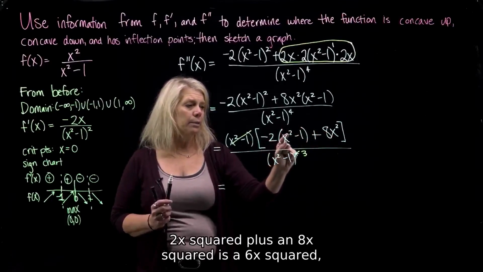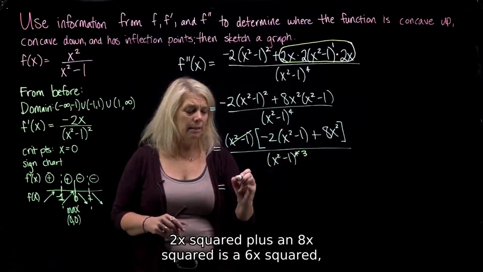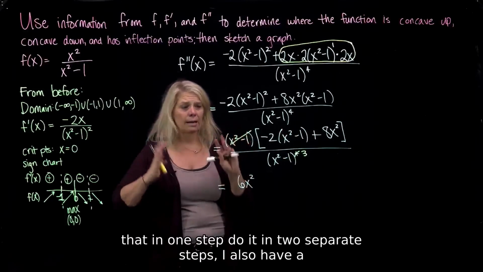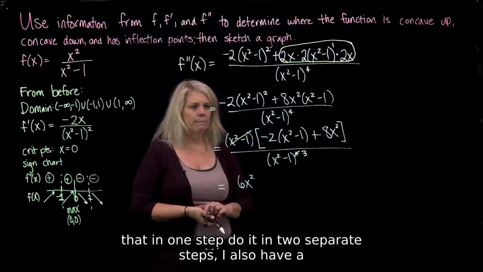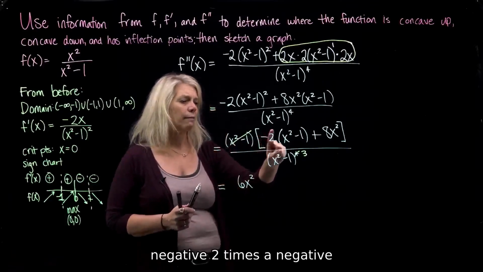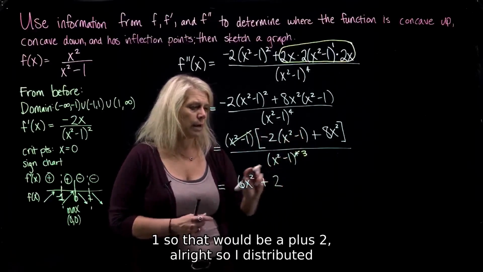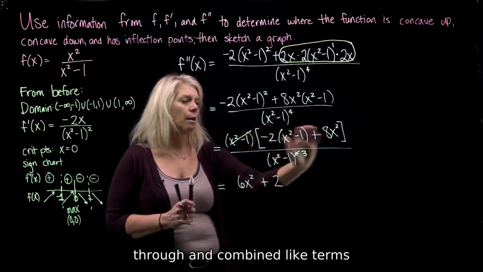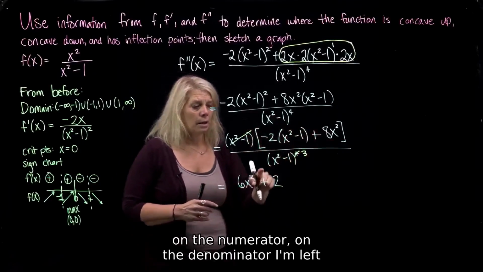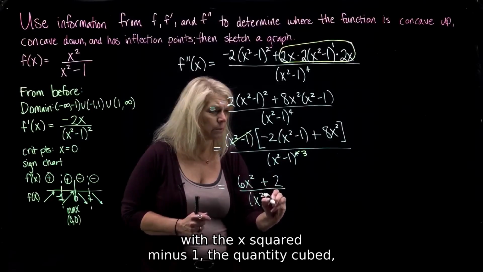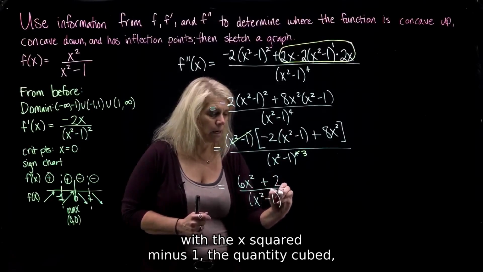So a negative 2x squared plus an 8x squared is a 6x squared. If you know you would mess that up by combining that in one step, do it in 2 separate steps. I also have a negative 2 times a negative 1, so that'll be a plus 2. All right, so I distributed through and combined like terms on the numerator. On the denominator, I'm left with the x squared minus 1, the quantity cubed.